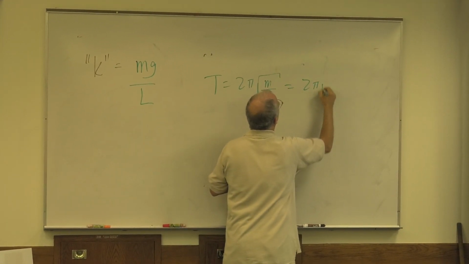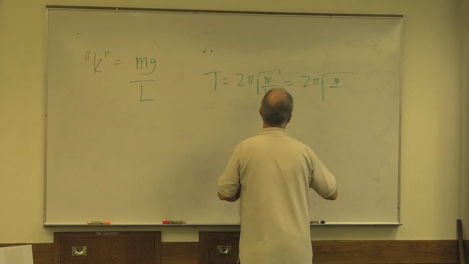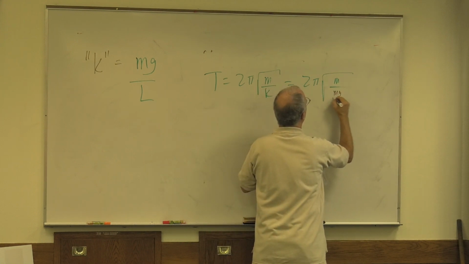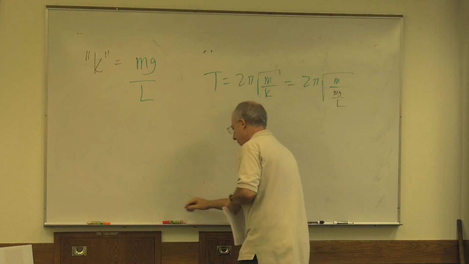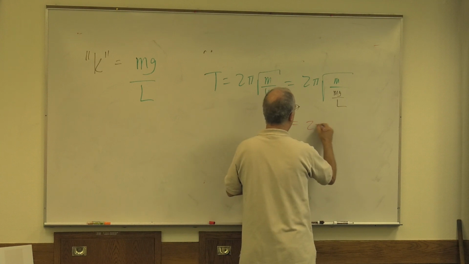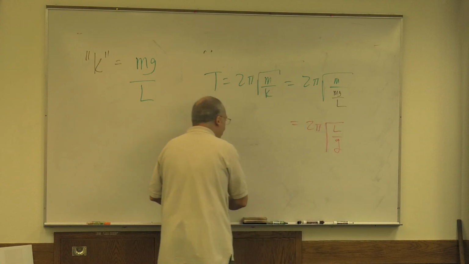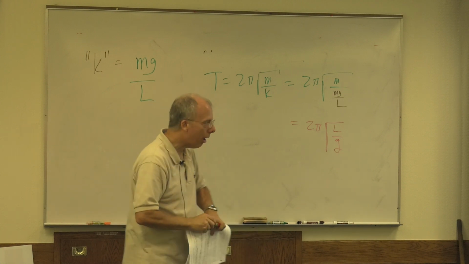Put in k, K is mg over L. So the m's cancel. You get 2 pi square root of L over g. There you go. Hardly any work at all, right?